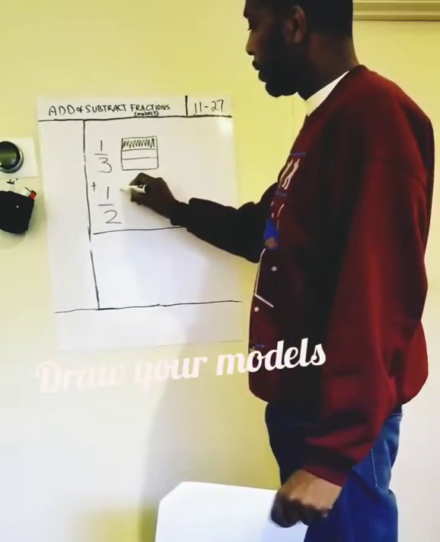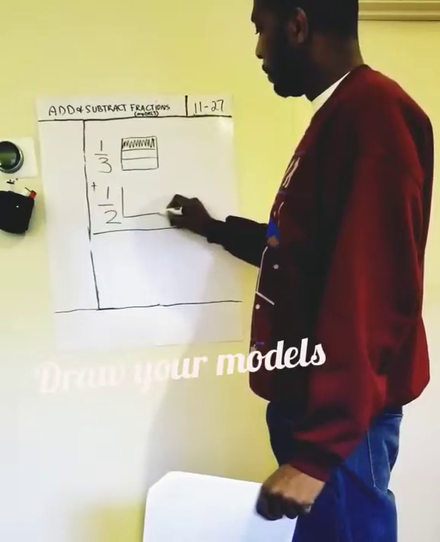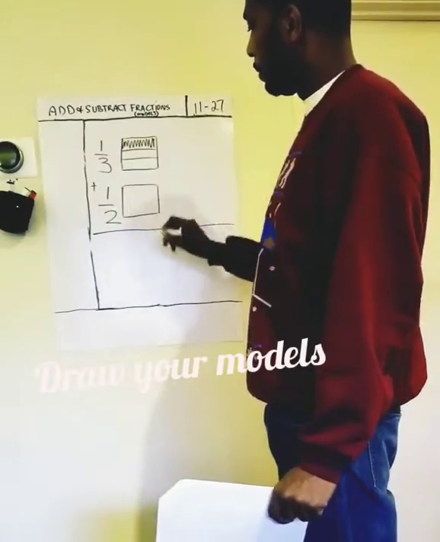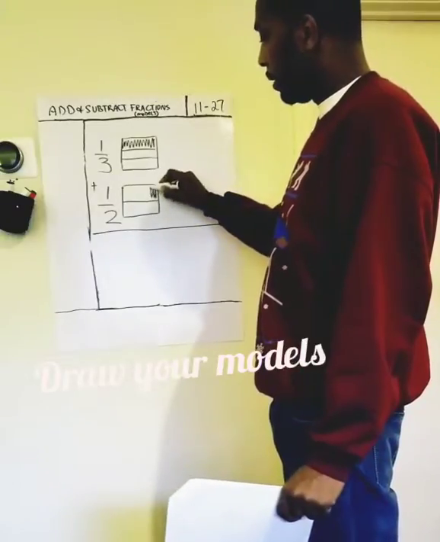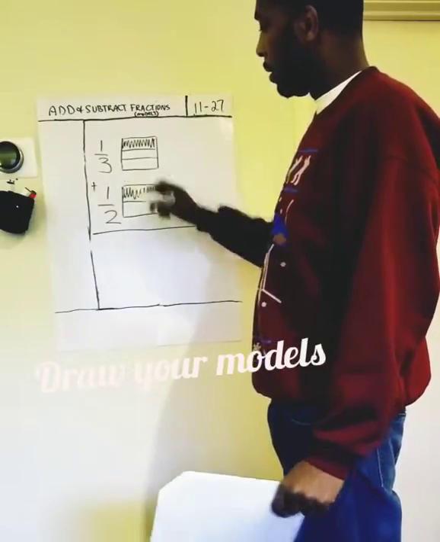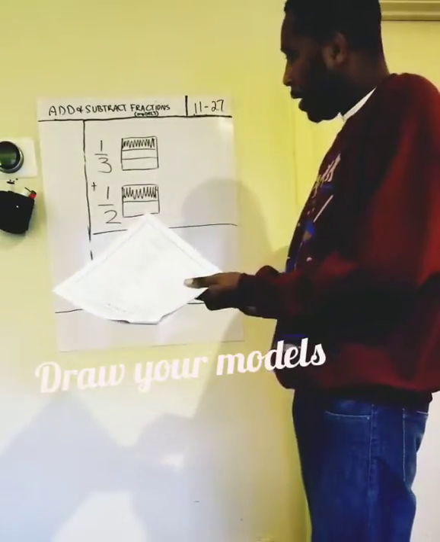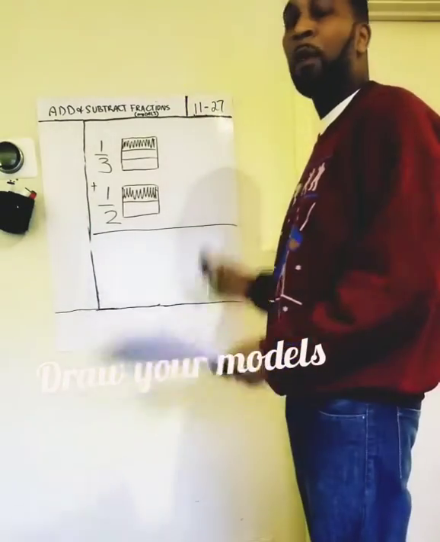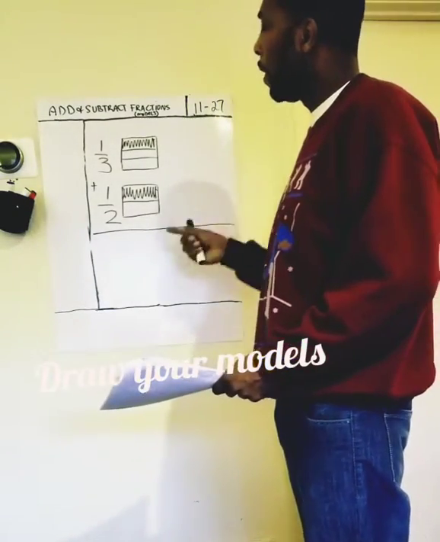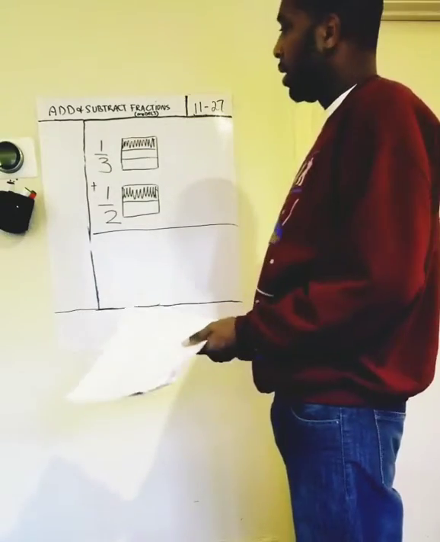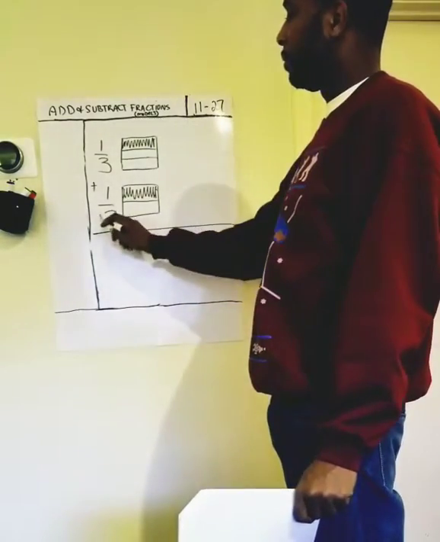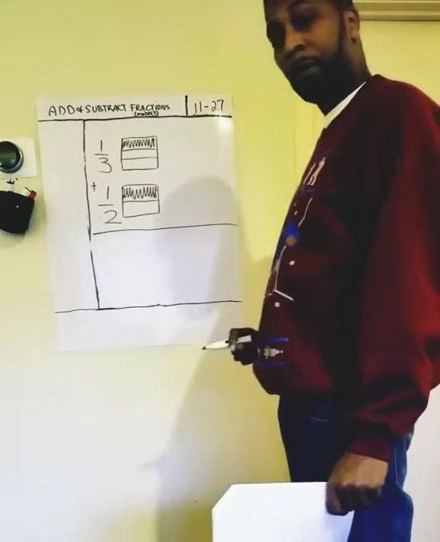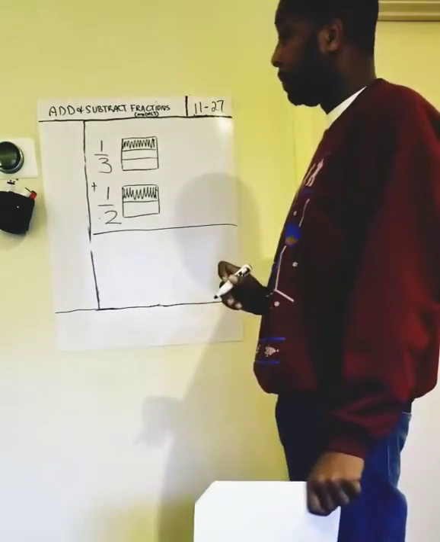Okay. 1/2 is going to be half of it, right? And shade it. Now, remember, when you're adding or subtracting fractions, what's the first thing you have to do? Find the common denominator, right?